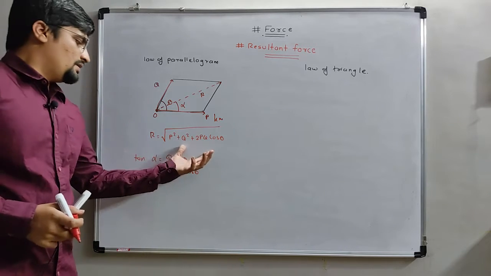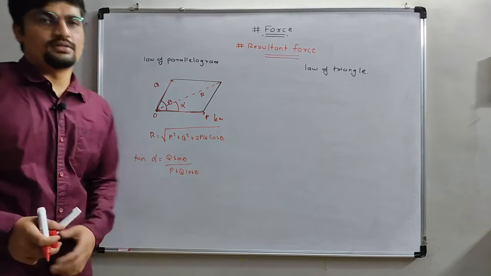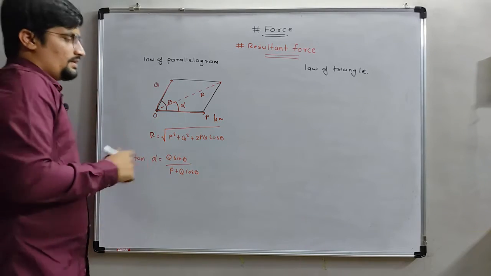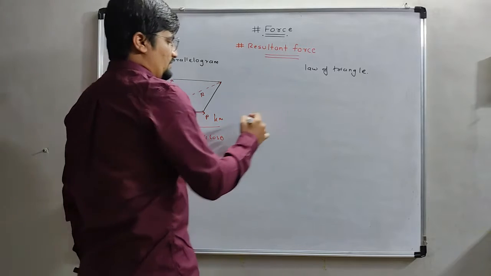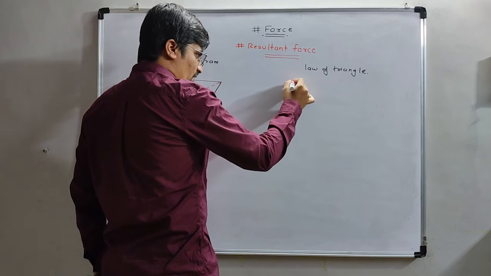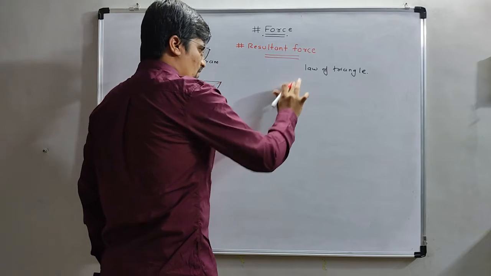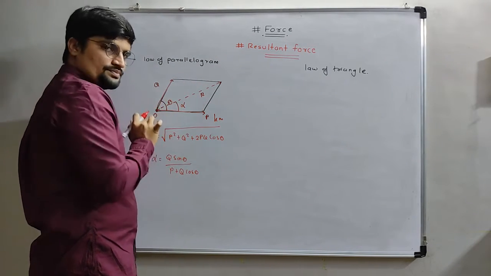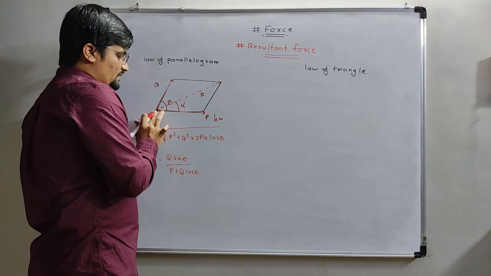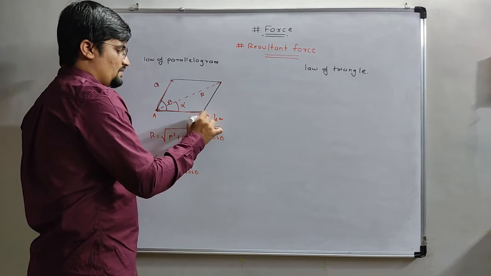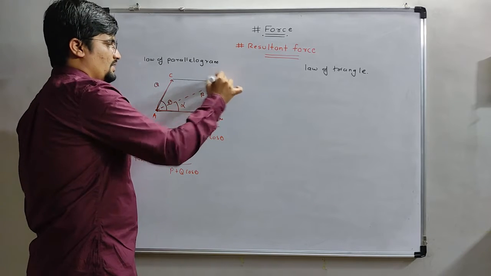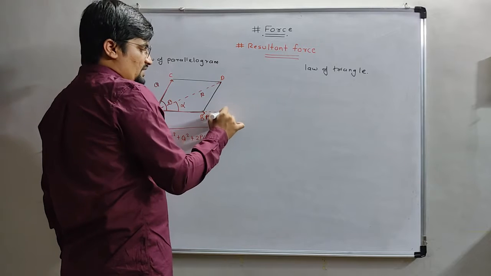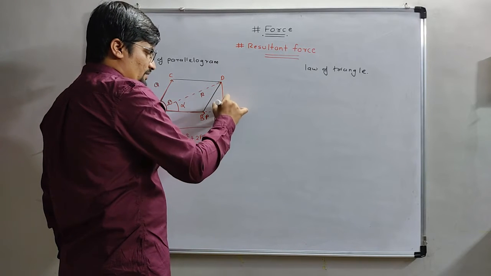Now there is a derivation to prove this equation. So how is it proved? Let us consider a figure again. Let me draw one figure like this. If this is a parallelogram with P and Q, I will take this as A, B, C, D. I will extend this till it becomes 90 degrees at the D point.